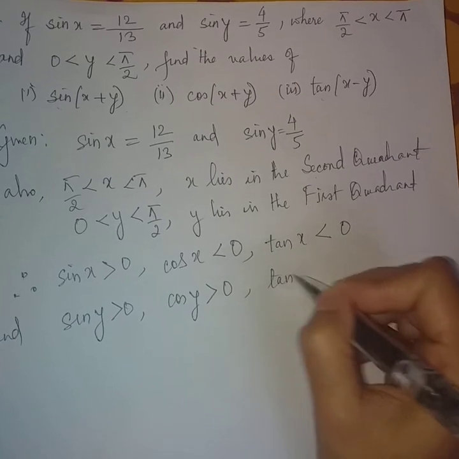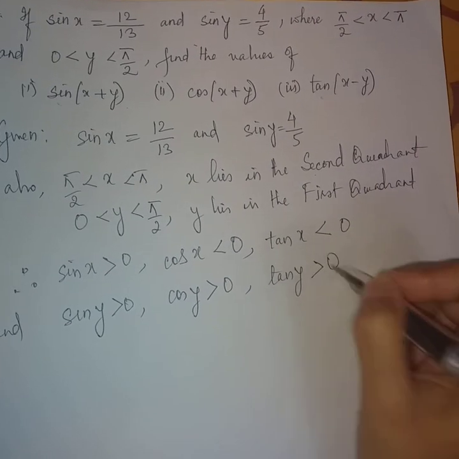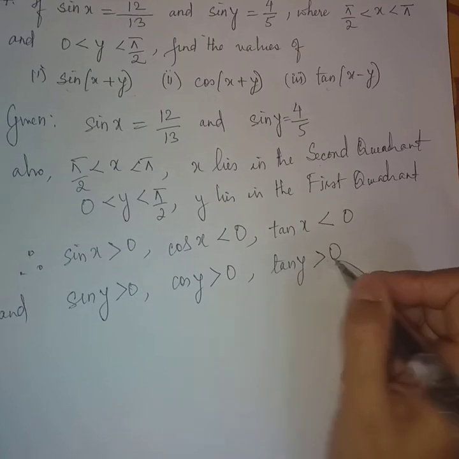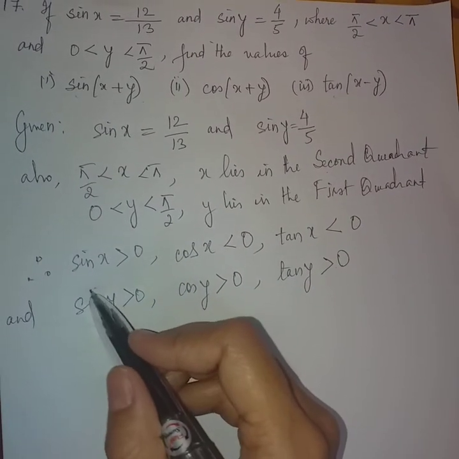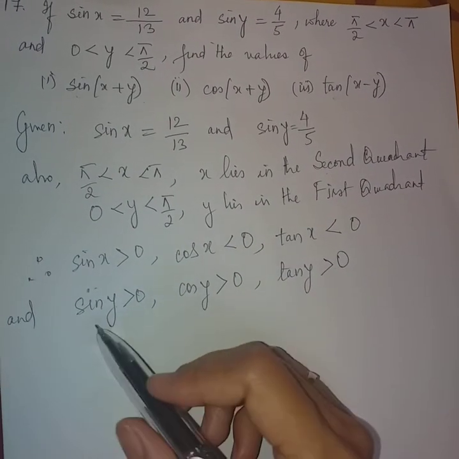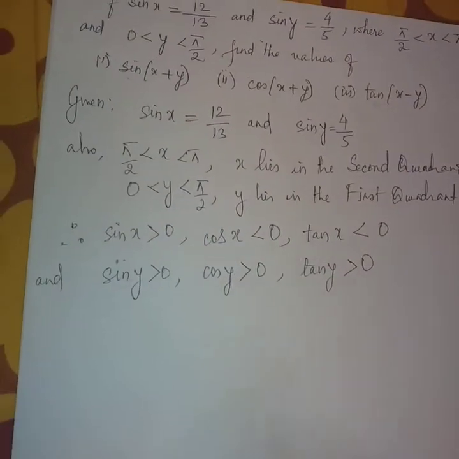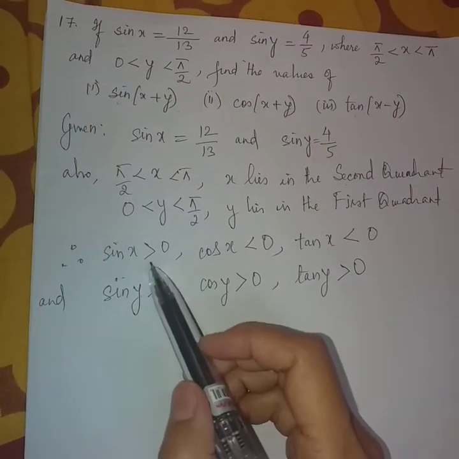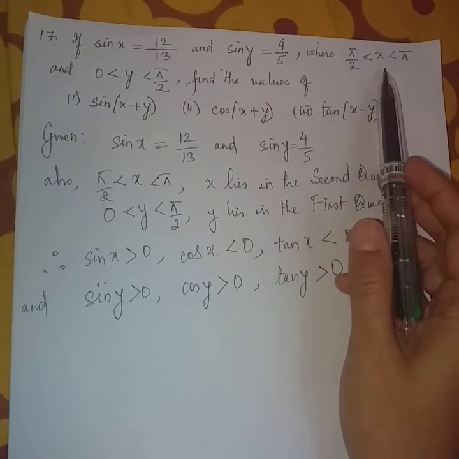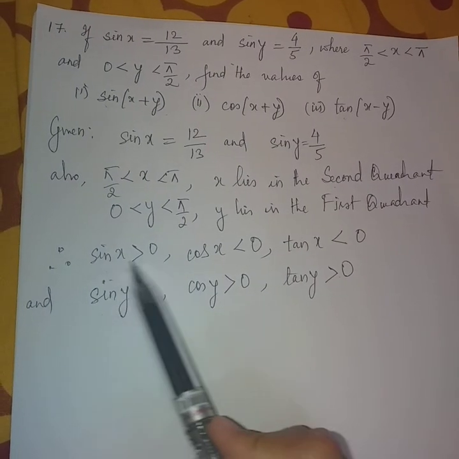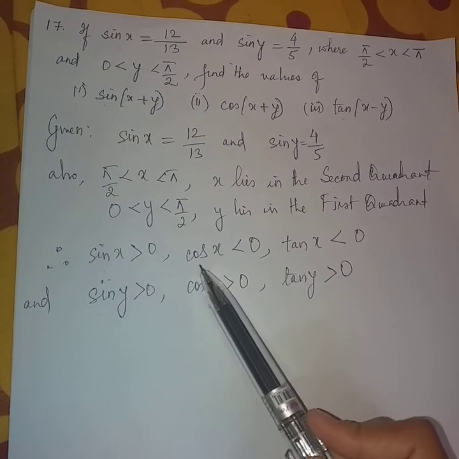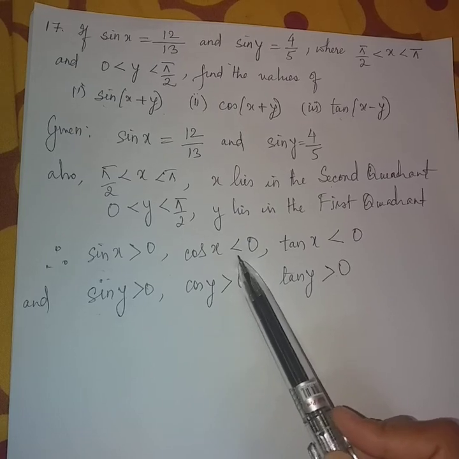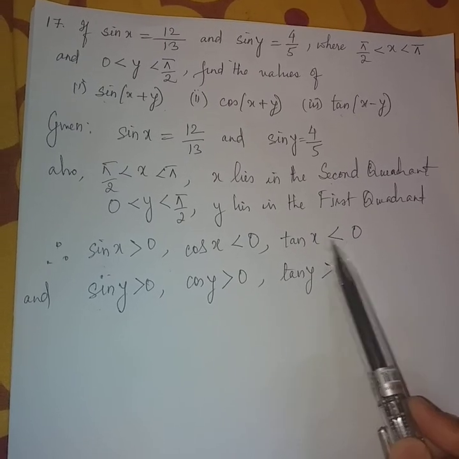So tan of y will also be greater than 0. So for the angle y, all the trigonometric functions will be positive, while for the angle x, sine of x is positive, while cos of x is negative and tan of x is negative.